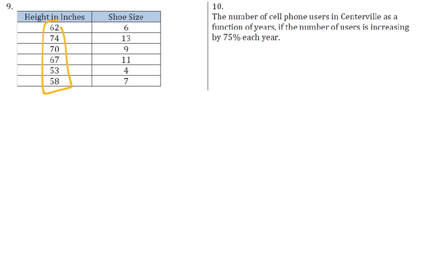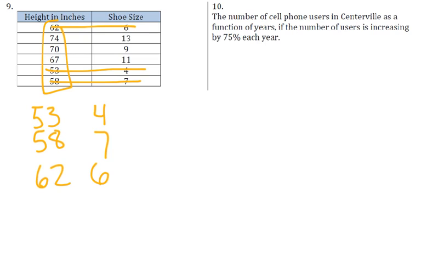Okay, so I'd go 53 and 4, 58 and 7, 62 and 6, 67 and 11, 70 and 9, and 74 and 13. Okay, now let's see if there's any sort of pattern going here.